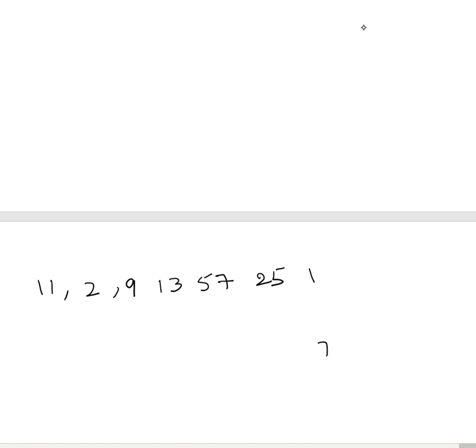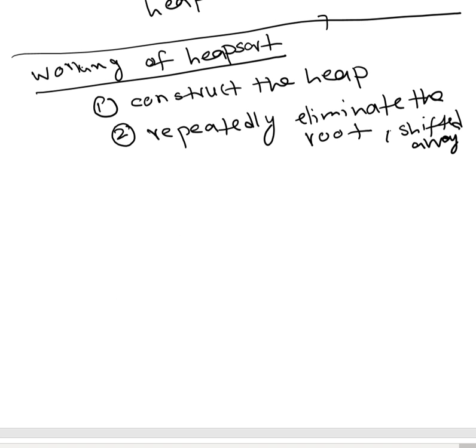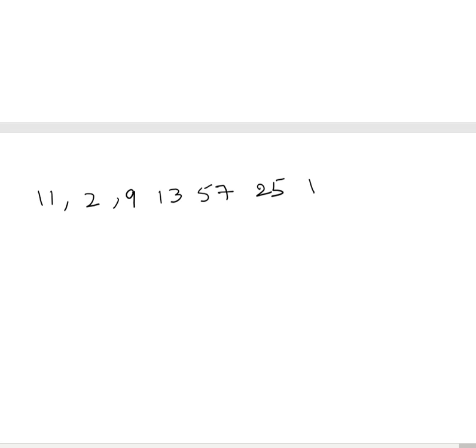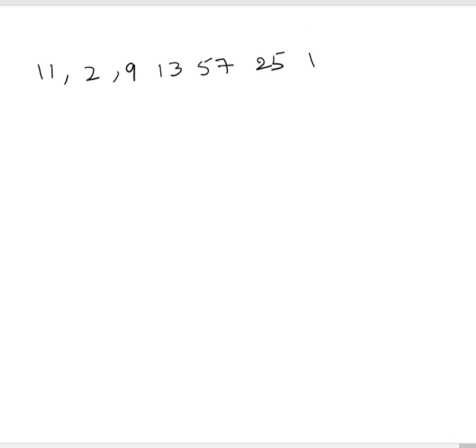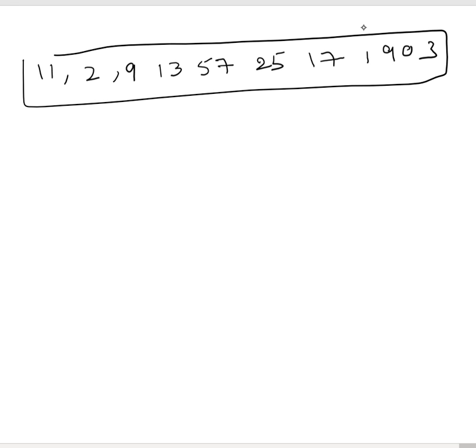Consider we have the elements like 11, 2, 9, 13, 57, 25, 17, 1, 93. These are the elements we have.